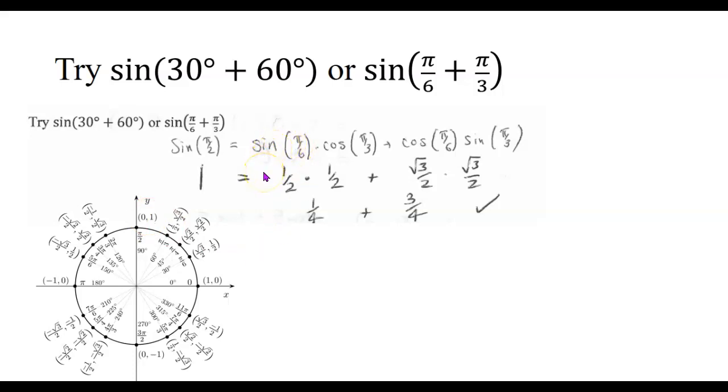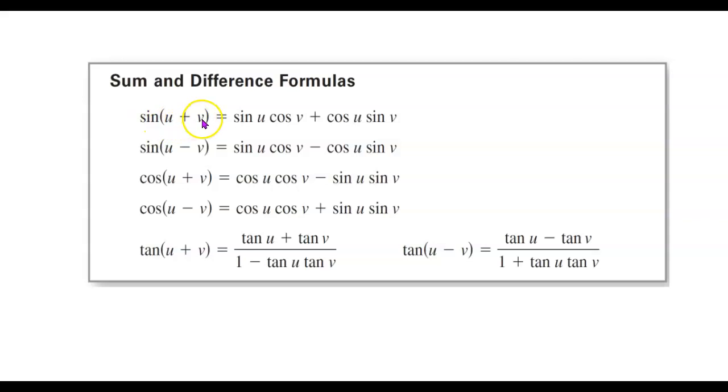And then the formula says that the sine of pi over 6 plus pi over 3 should be equal to the sine of pi over 6 times the cosine of pi over 3 plus the cosine of pi over 6 times the sine of pi over 3.